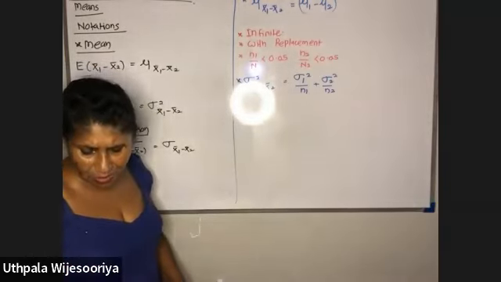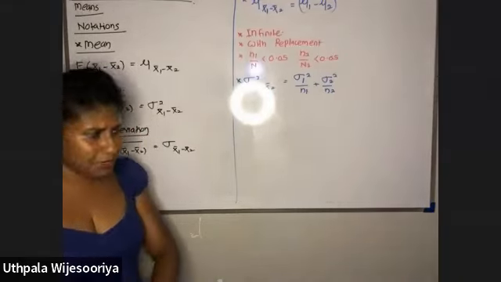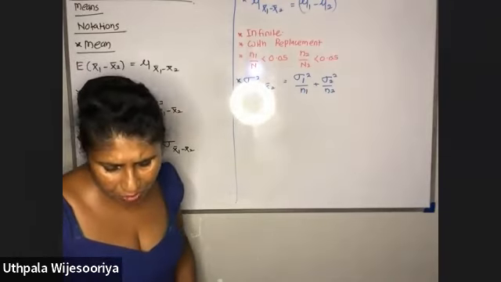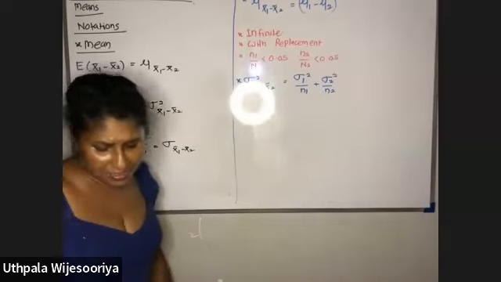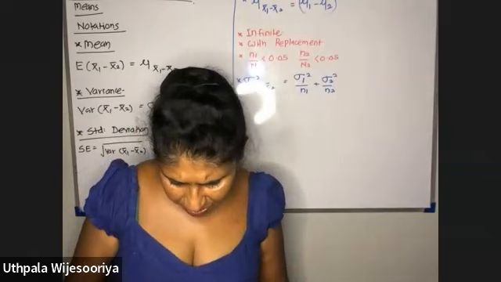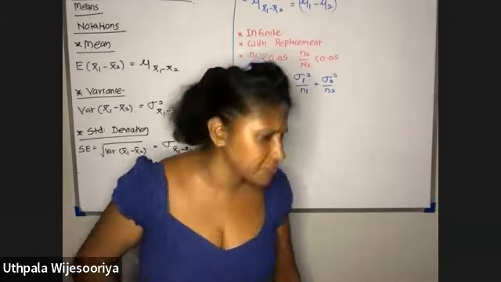Now that is for when the population is infinite, sampling with replacement, and the fractions are less than 0.05. Otherwise, the variance of the sampling distribution of the difference between two sample means, sampling without replacement, the population is finite.